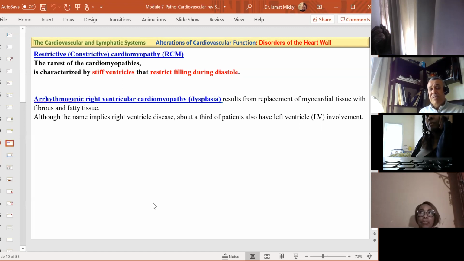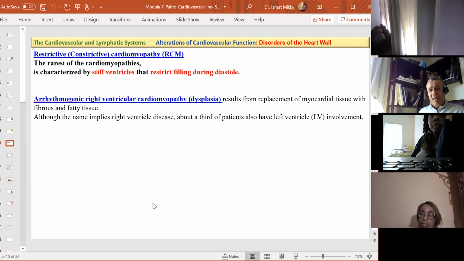And in terms of symptoms, patients will exhibit symptoms similar to left or right heart failure, or both. So patients with RCM will present as if they have heart failure.